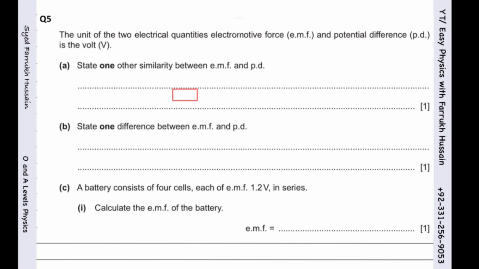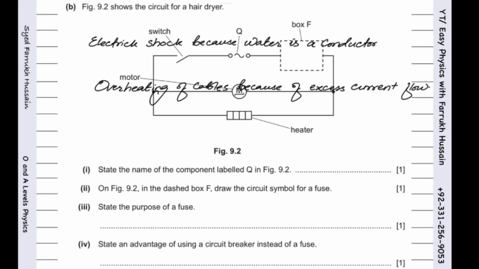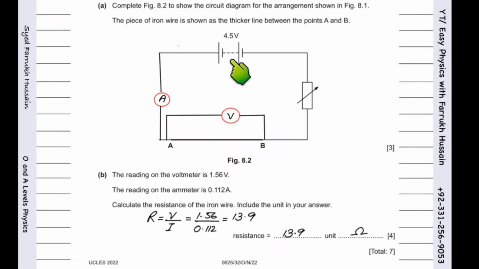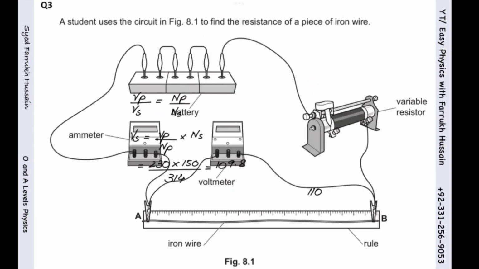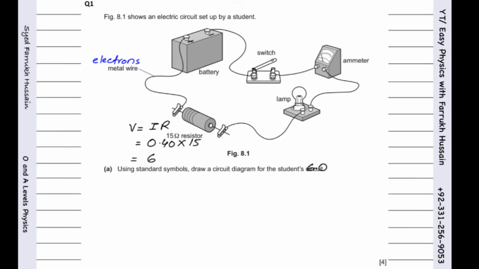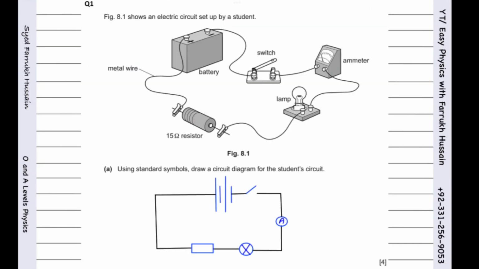Let me tell you. In this, you can see the cells are connected in series, right? And this circuit is a series circuit. But I can make the circuit a parallel circuit.